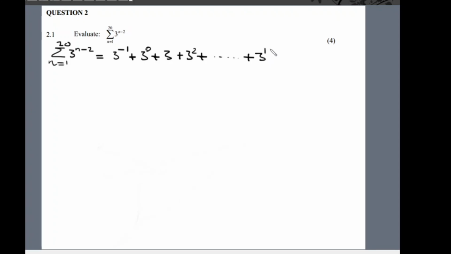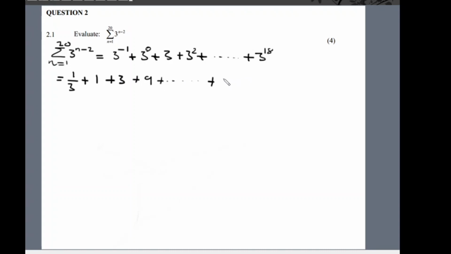So we are summing up these terms. Let's simplify: 3 to the power minus 1 is just 1 over 3, and 3 to the power 0 is just 1, then we have 3, and then 3 squared is 9, plus all the way to 3 to the power 18.